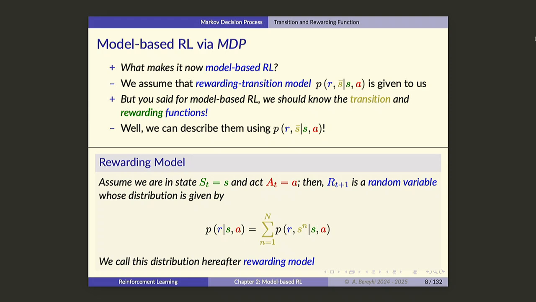You would say, okay, the reward when I am at this state and do this action, the distribution of the reward is going to be this if I consider the next state to be state 1, that if I consider the next state to be state 2, and so on. So you just add them up. It's going to marginalize everything. This is going to be your rewarding system, right? So the rewarding system is immediately coming out of the distribution.